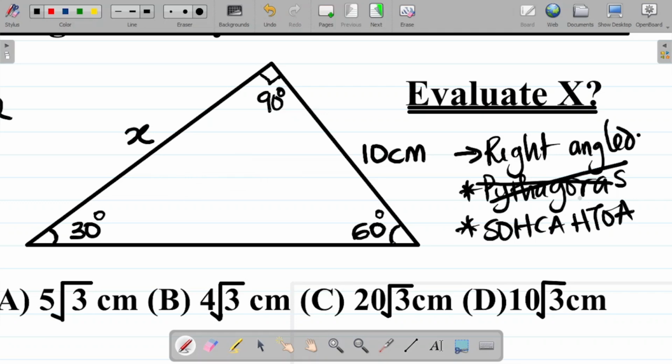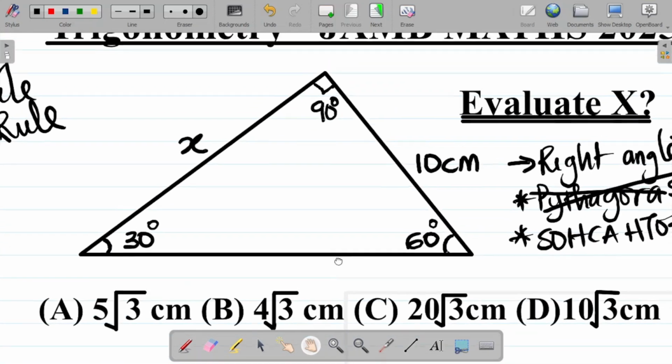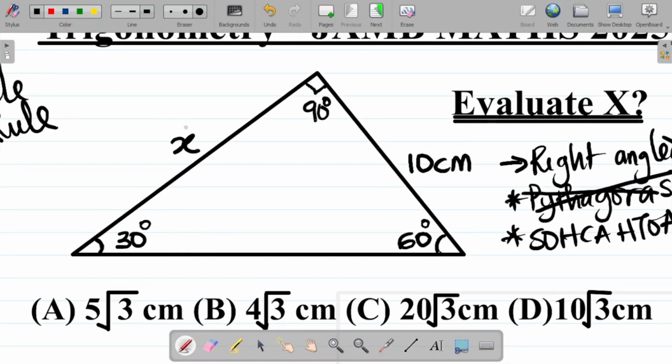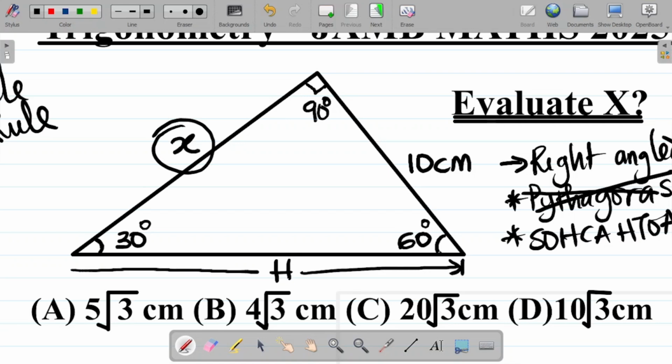So we are now left to use the SOHCAHTOA method. We've said this is your hypotenuse, because the hypotenuse is the side opposite the 90 degrees. Looking at SOHCAHTOA, you have SOH, CAH, and TOA.